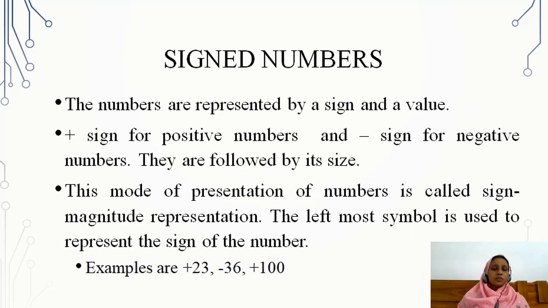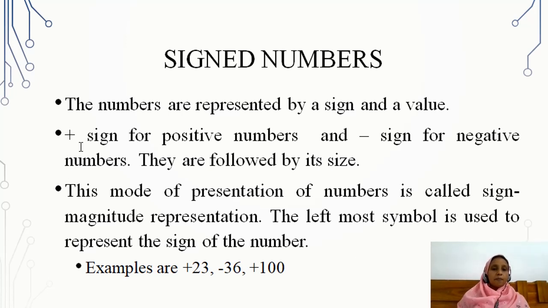One of the methods to represent positive and negative numbers is called signed numbers. That means, as usual in the decimal system, we put a plus sign on the left of the number to represent a positive number and a minus sign to represent a negative number.